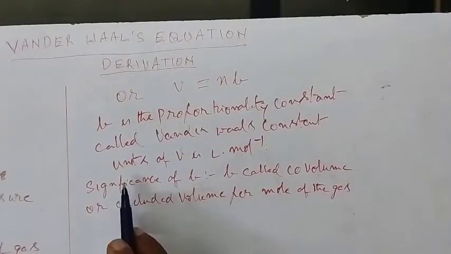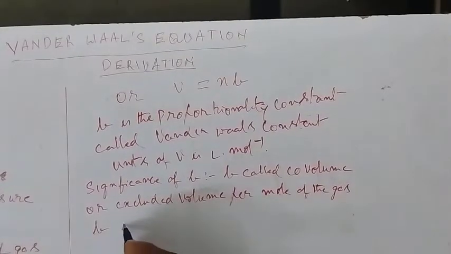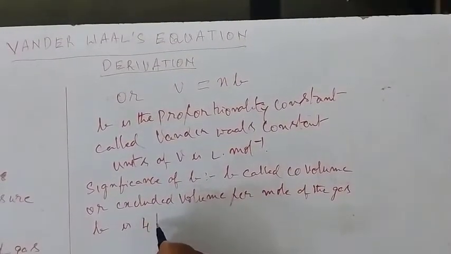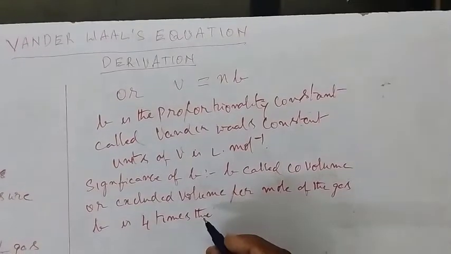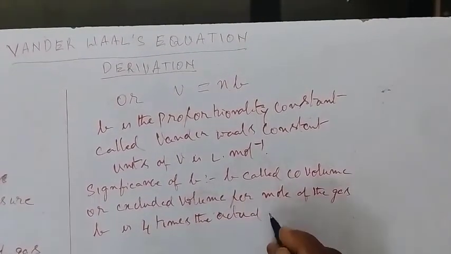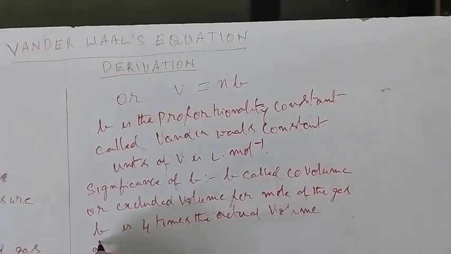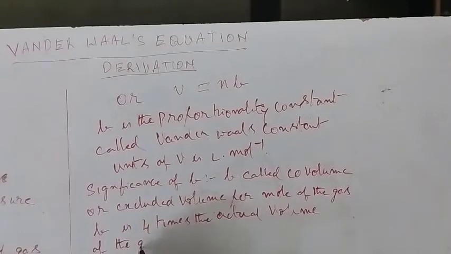The unit of b we already discussed here: liter per mole. The value of b is 4 times the actual volume of the gas molecules.